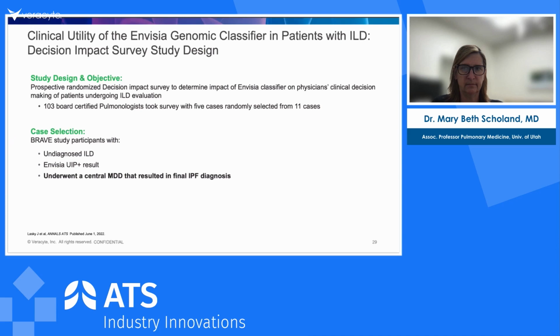These were patients that had undiagnosed interstitial lung diseases, where we had the Envisia result as a UIP positive, and that had undergone a central multidisciplinary discussion that resulted in a final IPF diagnosis. So it was a prospective randomized decision impact study that looked to see what impact having the classifier in the physician's hands would have on clinical decision making.